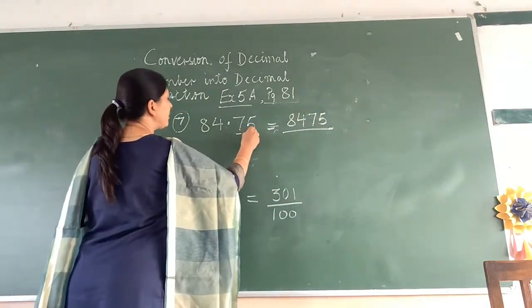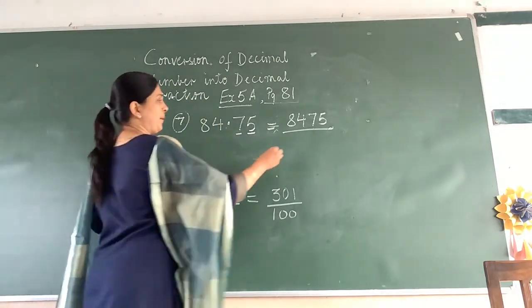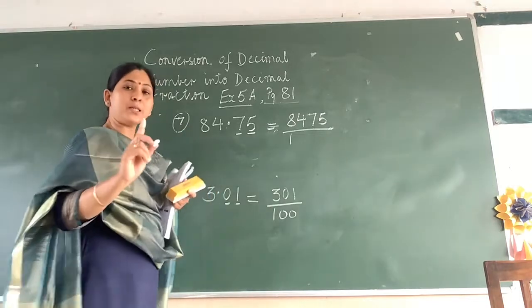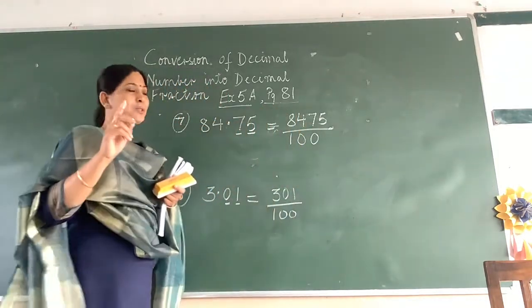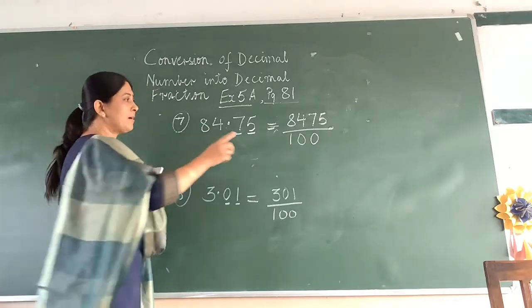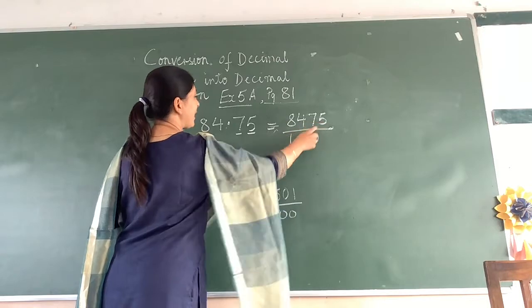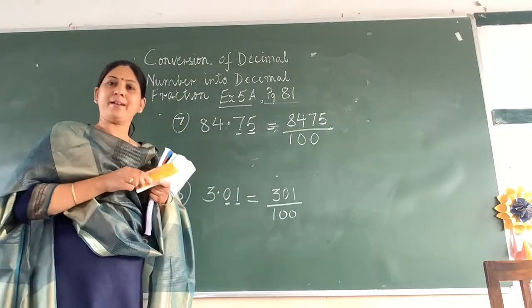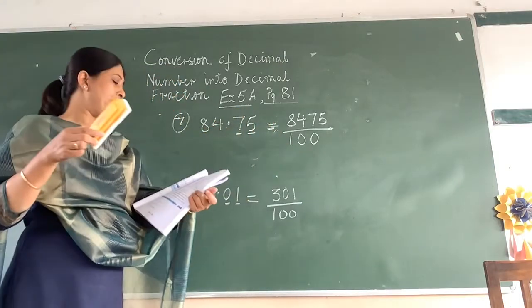Now, there are 2 digits after decimal point. So, our denominator will contain 1 and how many zeros? 2 zeros. So, what is our decimal fraction? 8475 over 100. We have converted this decimal number into decimal fraction.